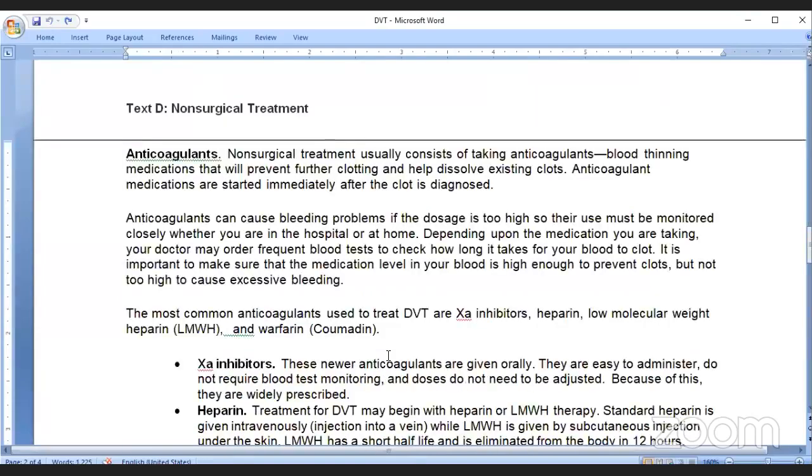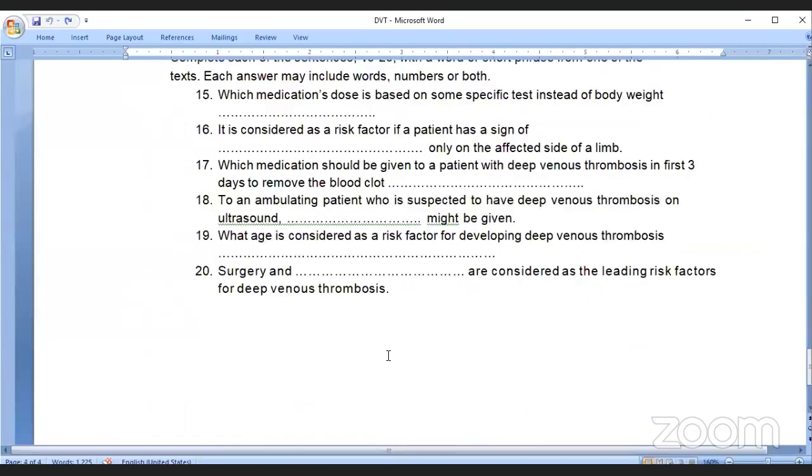Now let us move to question number 16. Actually, the purpose of this class is not to teach you a lot of samples in a short time. The purpose of this class is to teach all of you, because reading is one of the difficult modules in the OET exam, so that you can prepare yourself when you are doing reading tests and practice.